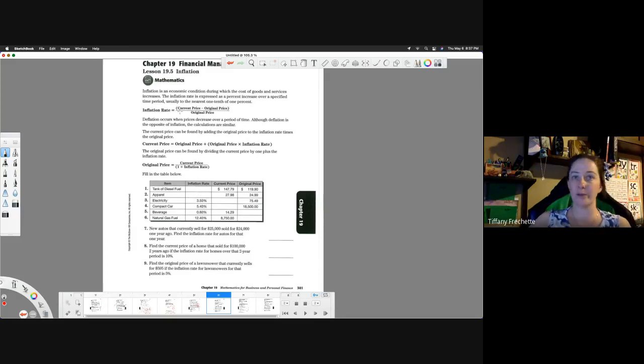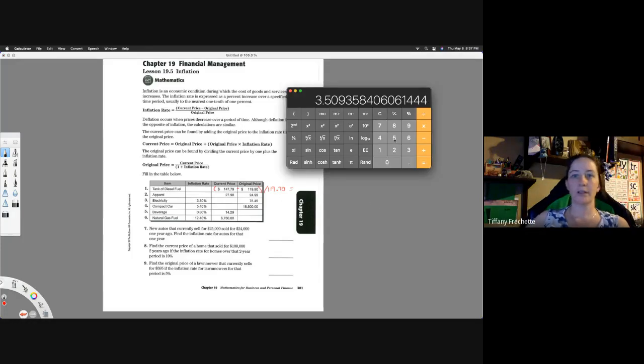For inflation rate, we do current price minus the original price, and then we divide that by the original price again. So current price minus the original price, it's already in the order for me, and then I'm going to divide that by the original price, which is $119.90. So let me grab my handy dandy calculator here. I have to click the buttons here because my keyboard's too far away. 147.79, and I'm going to subtract 119.9 equals.